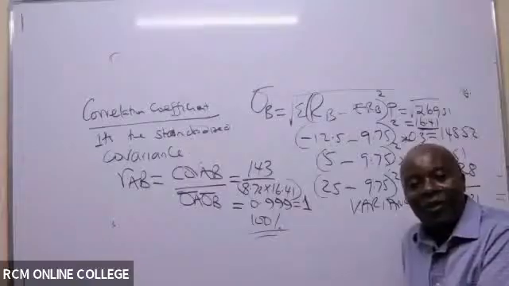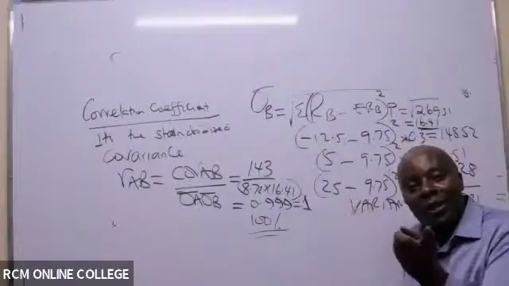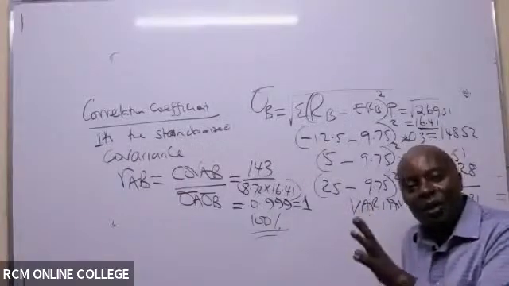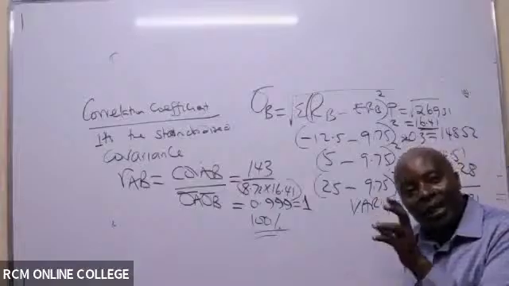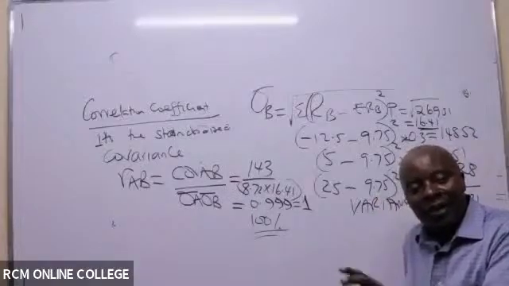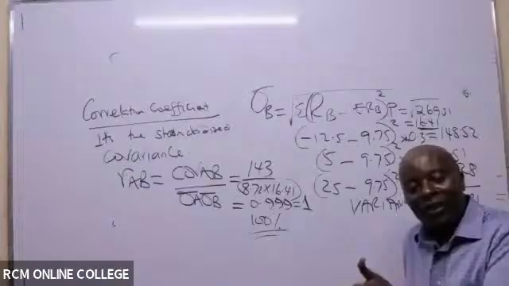So if you get 100%, that's how you interpret it: 100% relationships and associations are risky for the investor.